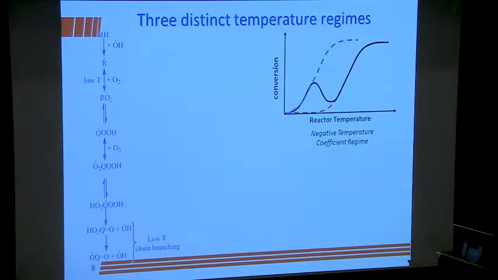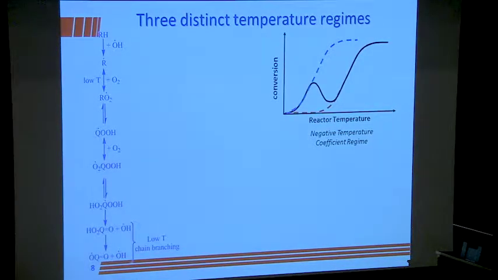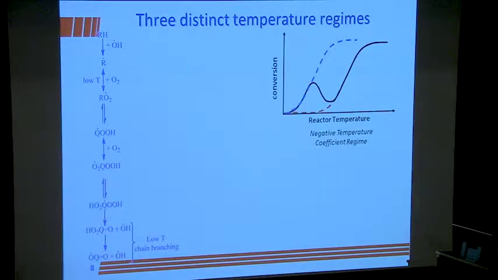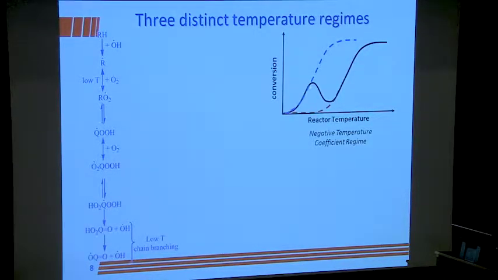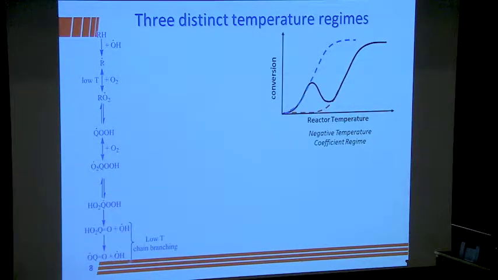So we start at low temperature with no reactivity. Due to this low temperature chemistry, we get reactivity up to this point. Then we see a decrease in reactivity, and then we fall onto the high temperature kinetics. So there is a transition from low to high, which results in a decrease in reactivity. So what's causing that?